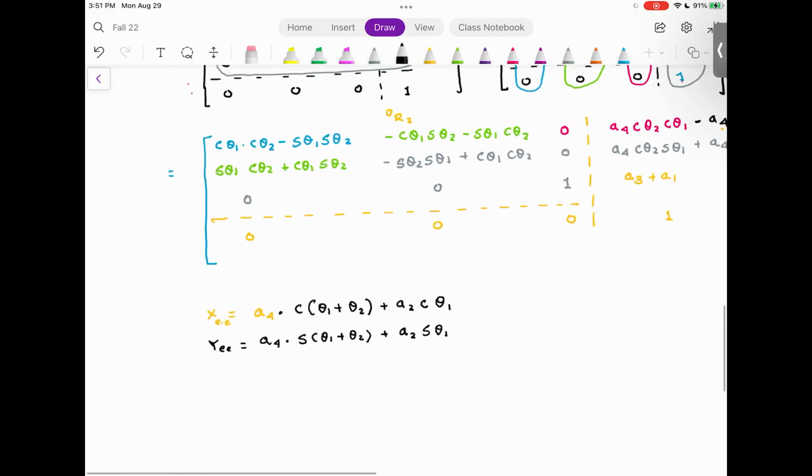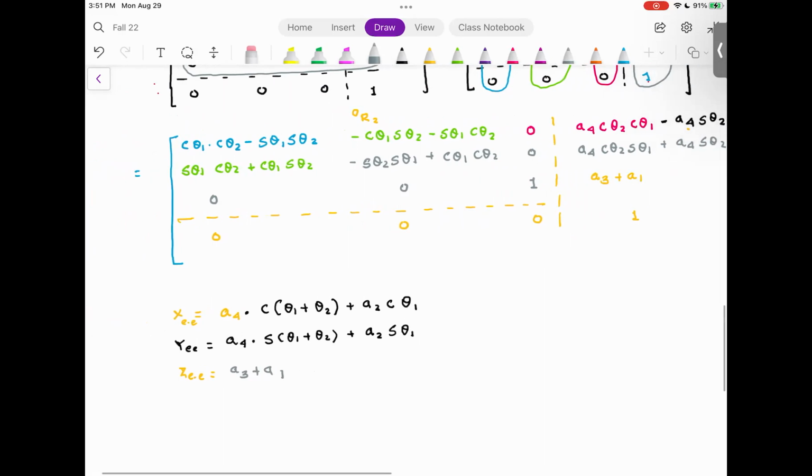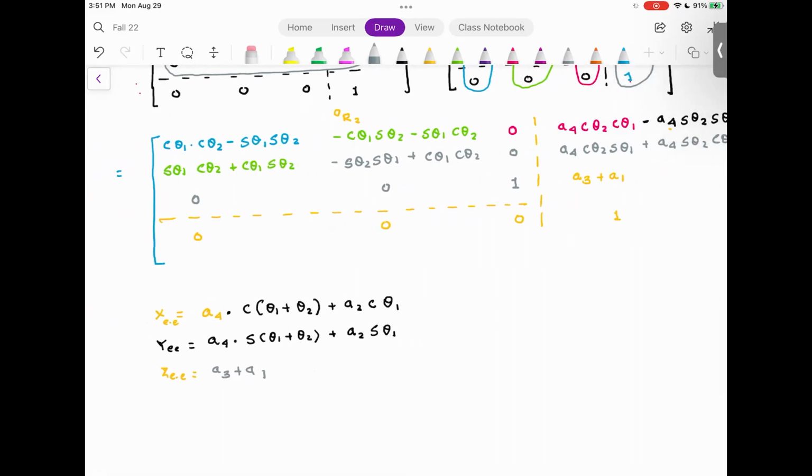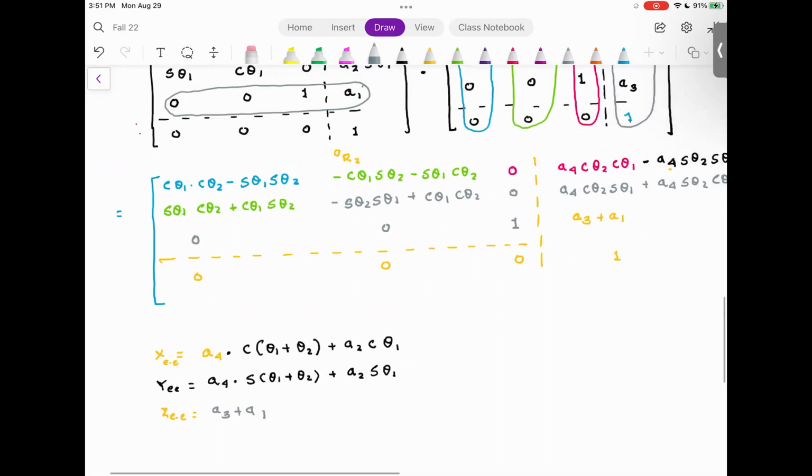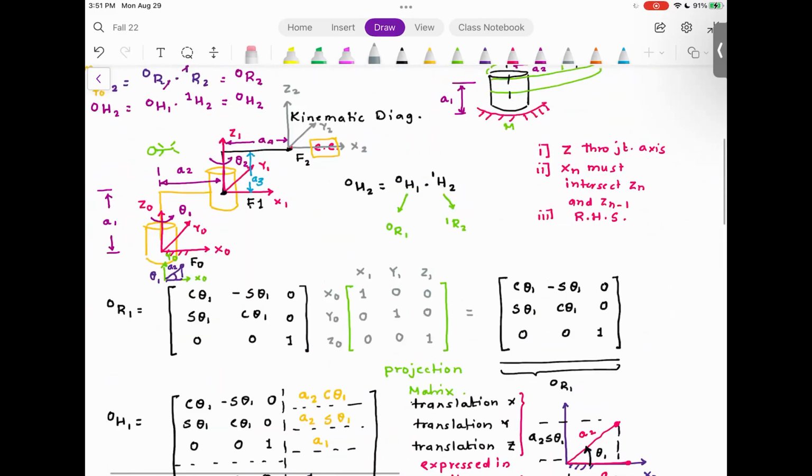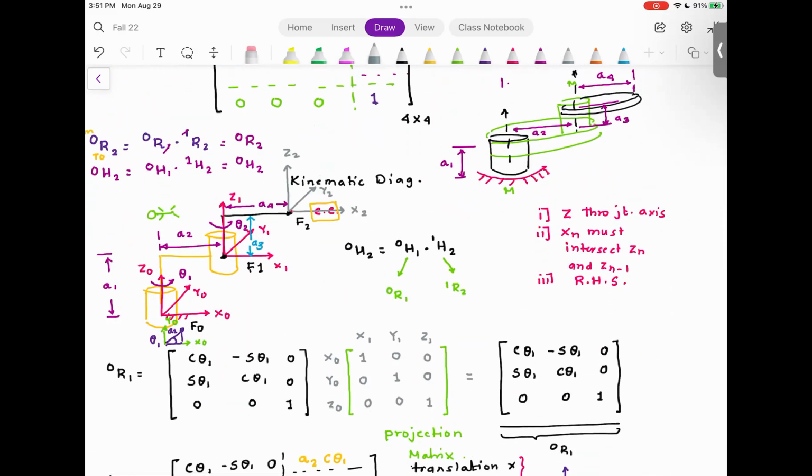The last part is Z end effector, which is A3 plus A1. It is very important to note that A3 plus A1 does not have cosine or sine terms because they are vertical, they are fixed. Those distances don't change. Are you with me so far?